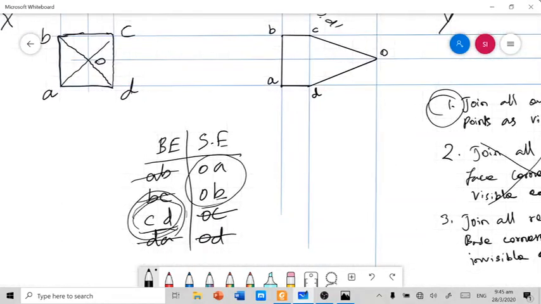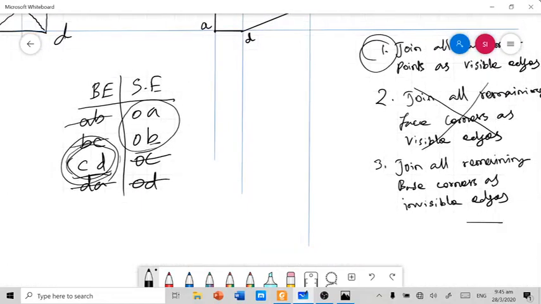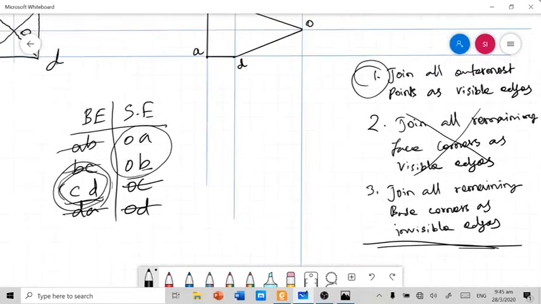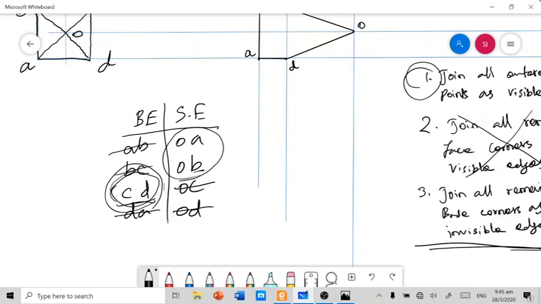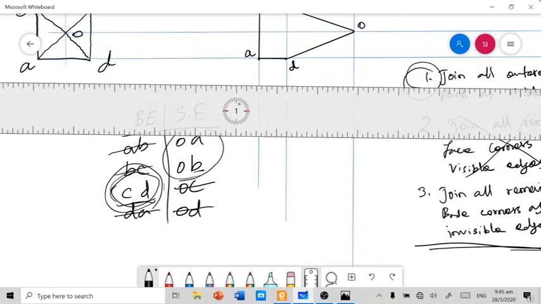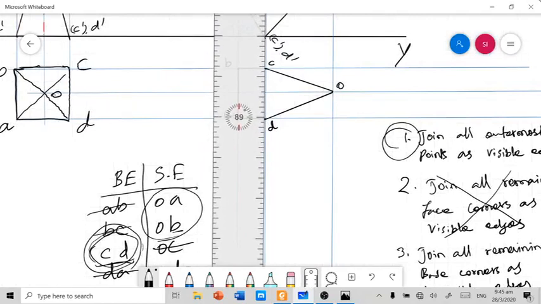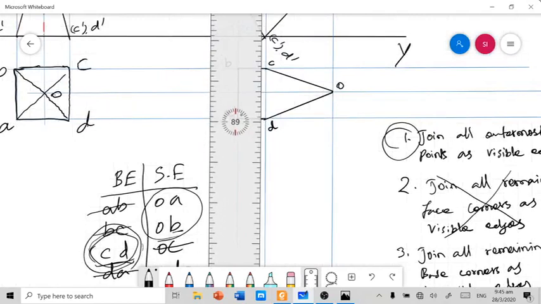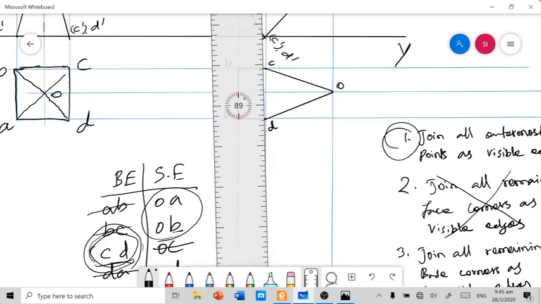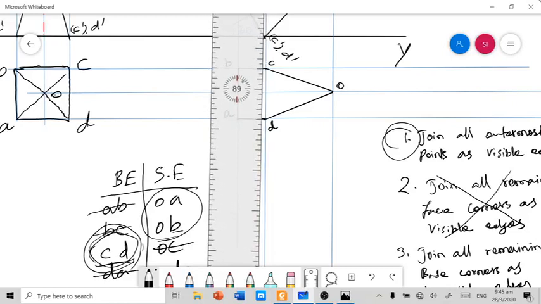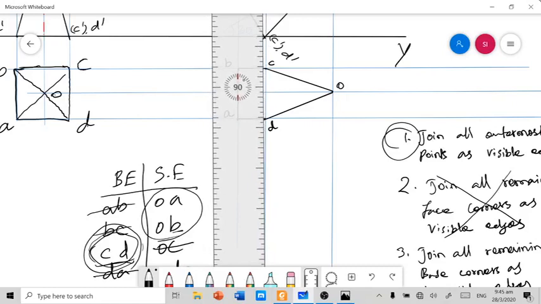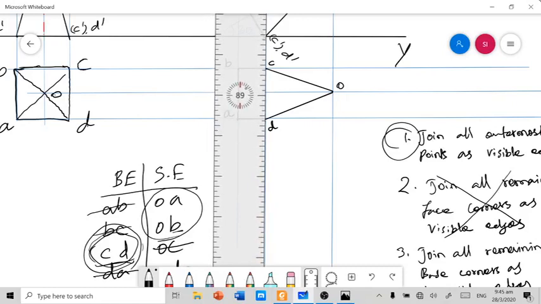You have to join this CD as an invisible edge as per the third rule. So join the CD as invisible edge. I think you are already familiar with what an invisible edge is and how to draw it. You have to use the dashed line format in order to join the invisible edges.